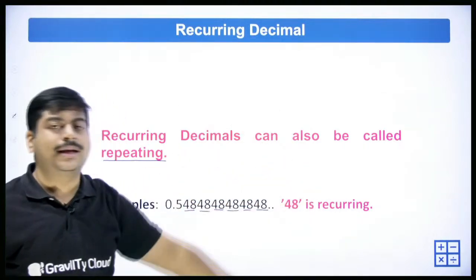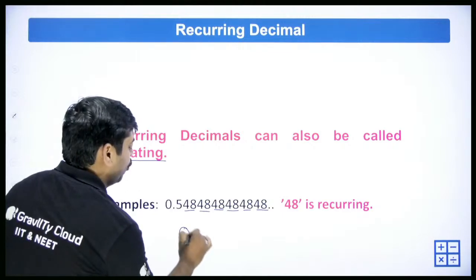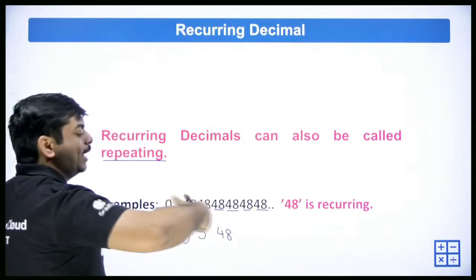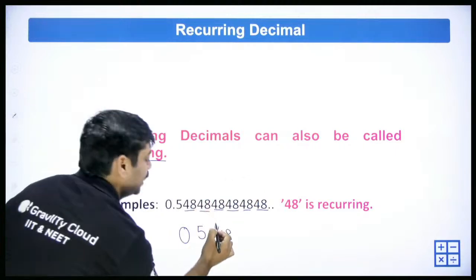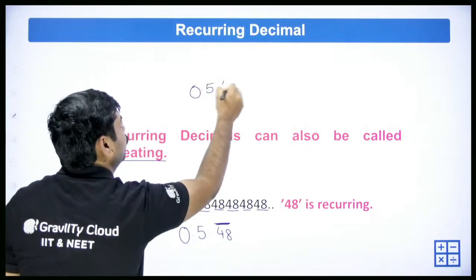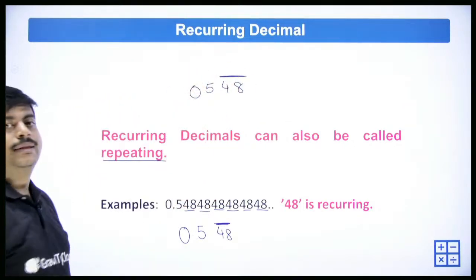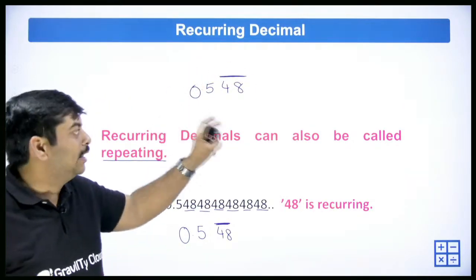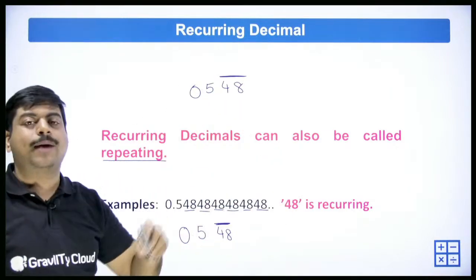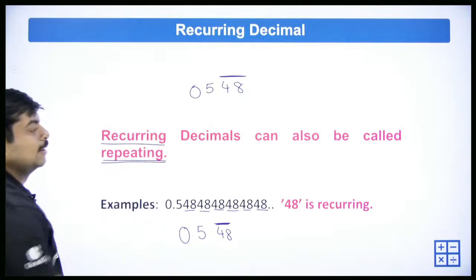So we can write this as 0.548 and, instead of writing all the 4 8s, we keep a small bar over the 48. This bar represents that we are continuously going with 48. We are not stopping anywhere. The bar represents that it is a repeating, or recurring, decimal.